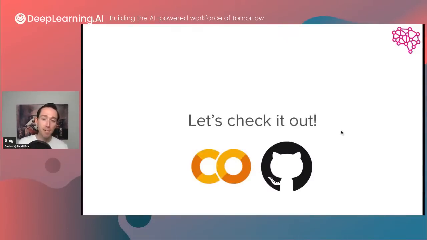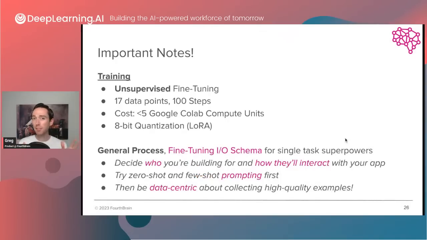In case you missed some of those details that he was going over in that fine-tuning notebook, I know it was a lot. He was doing unsupervised fine-tuning. That was the description of the SQL and the marketing email coming out at the end. 17 data points and only 100 steps of training, less than 5 Google Colab compute units, and 8-bit quantization in this case.